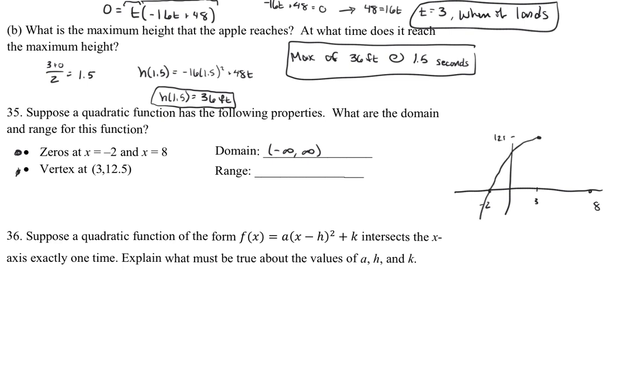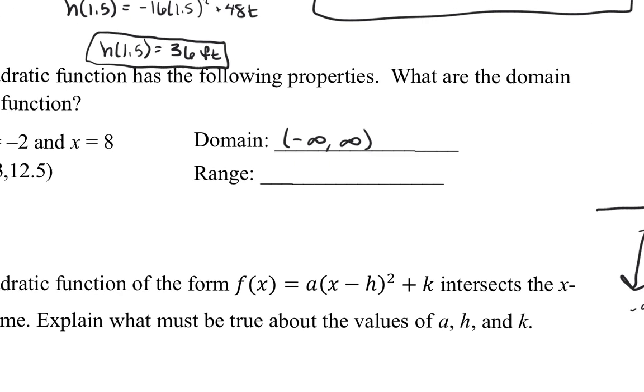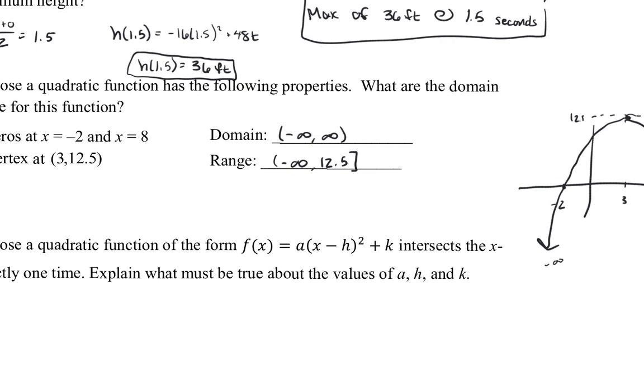Our function is going to look like this, right? So that means that we have a maximum here at that 12.5. Nothing in that function is going to go above it. But it goes all the way down to negative infinity. That means that our range is going to be from negative infinity up to 12.5. That 12.5 is going to be included because we do have a point where it is equivalent to that. So it is included in the interval.